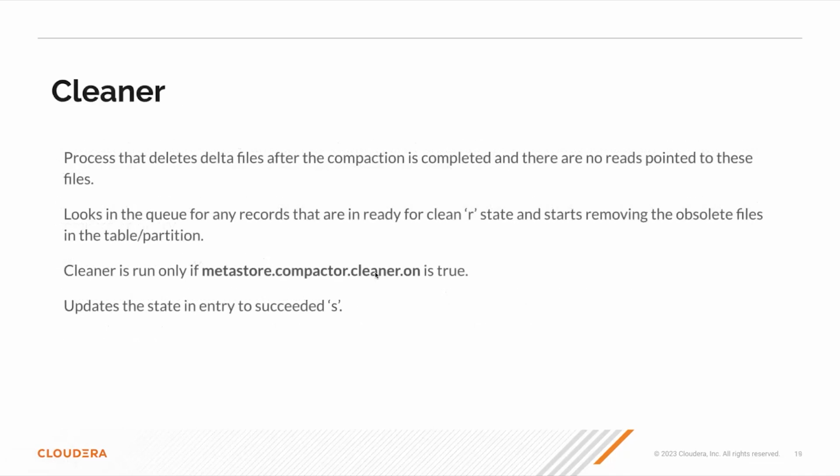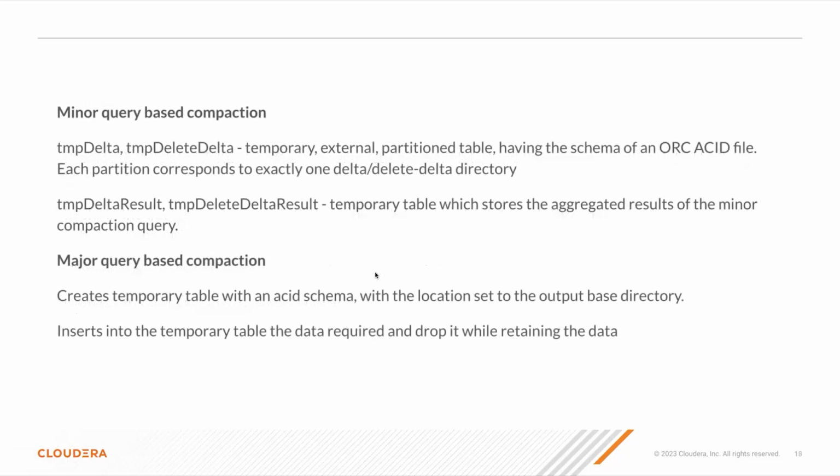So this is for the worker. Once the worker completes the compaction, we have the compaction queue in initiated state. The worker checks the compaction queue, takes the record which needs to be compacted, and moves it from initiated state to working state. Once it's completed, it moves to ready for cleaning state, which means compaction is completed.